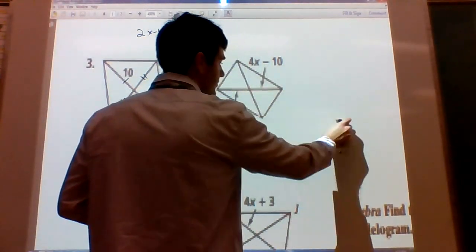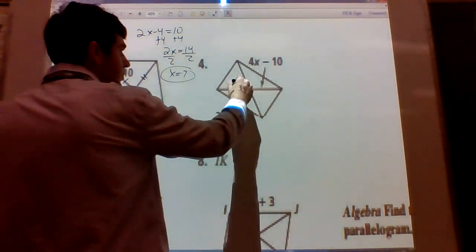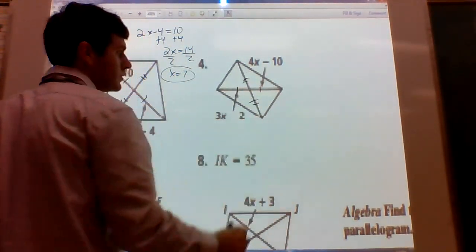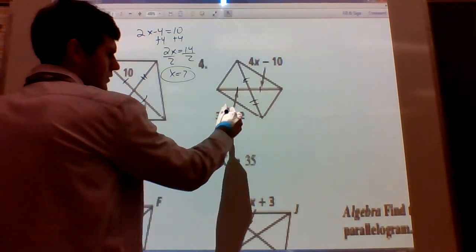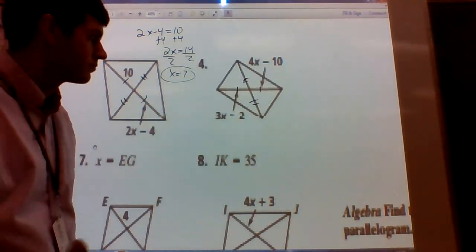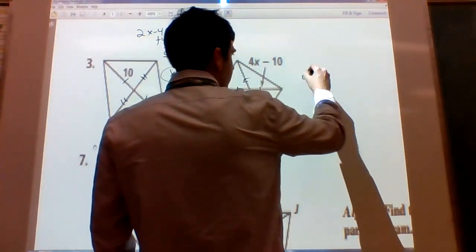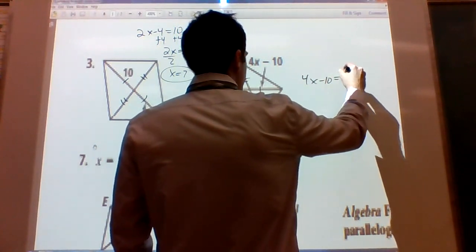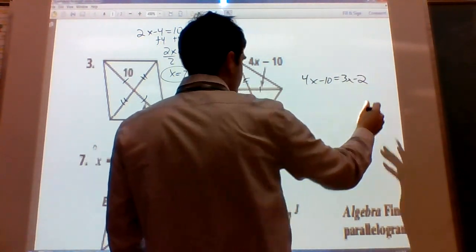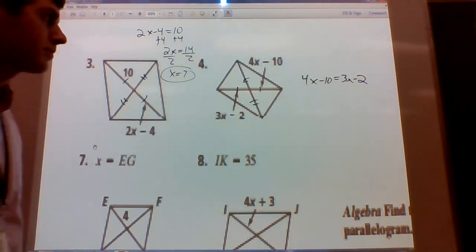Okay, number 4. Diagonals bisect each other, so here's our congruent pieces. I'm not sure if this is minus or plus. We'll just put minus. 4x minus 10 equals 3x minus 2. If it's plus 2, it's plus 2. I don't know why that is blank.